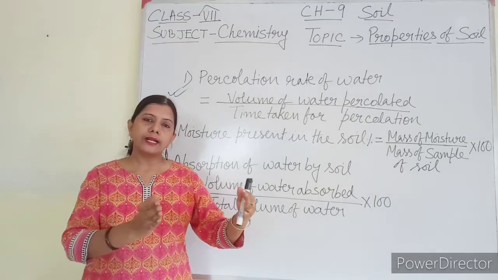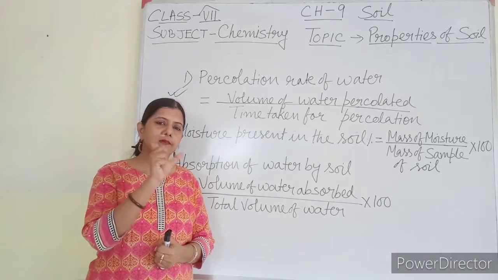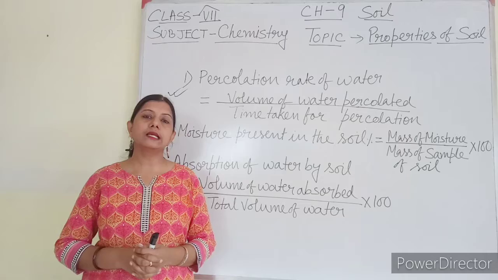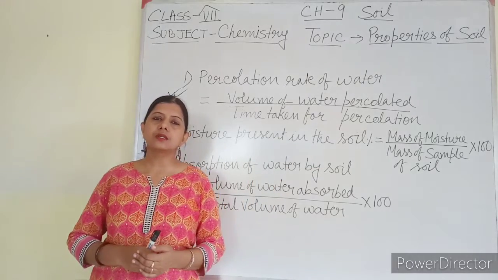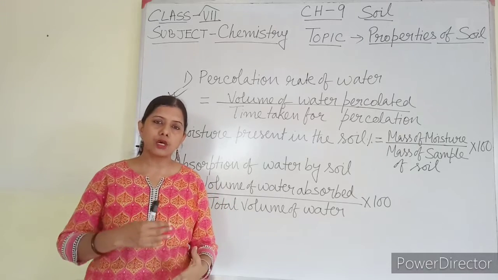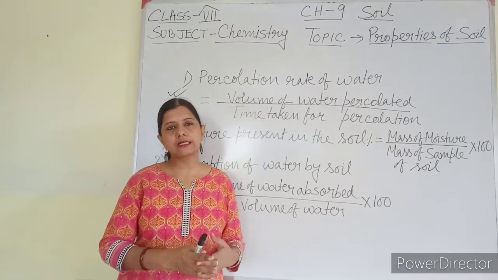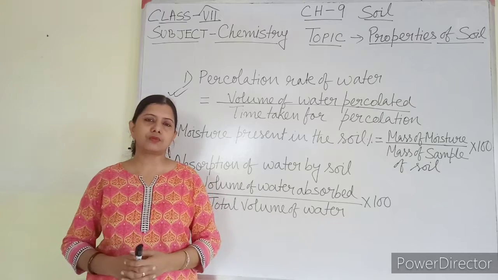Now weigh the dry soil again. So the difference between the previous mass and this mass will give you the mass of the moisture. The previous mass was more. When you take the raw sample of soil without heating, you will find that the mass of that sample is more as compared to the mass of the dried sample of soil.